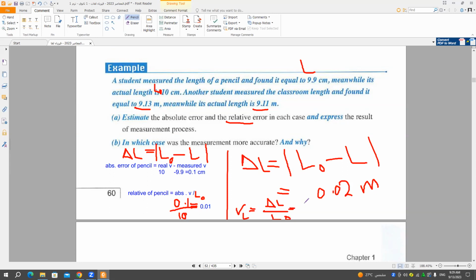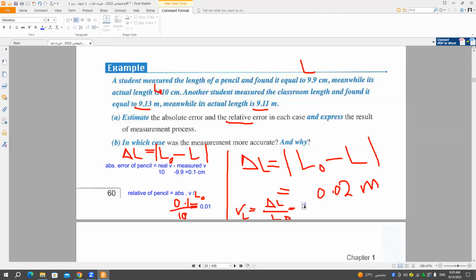So 0.02 divided by 9.13, which is the real value. Then the result times 100 if you want to get the percentage.